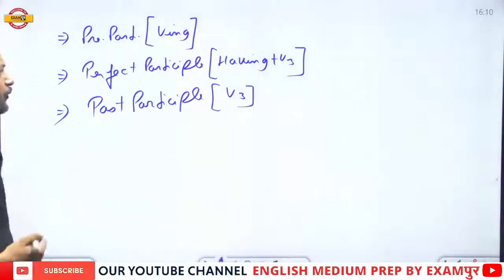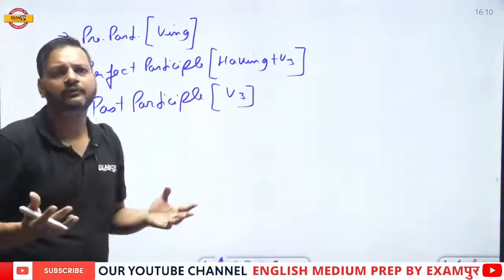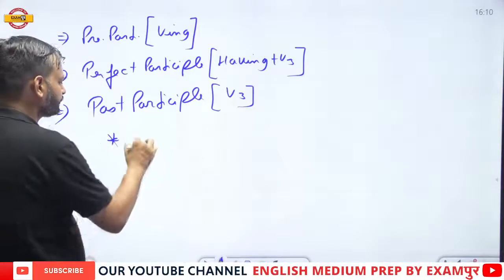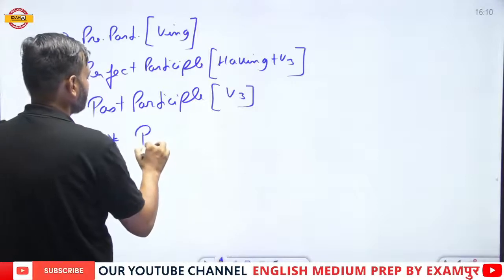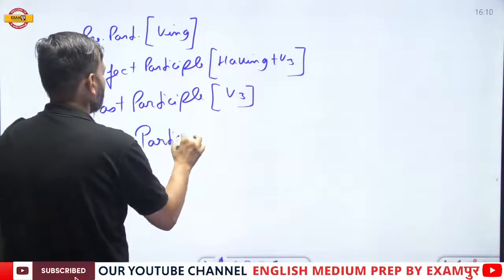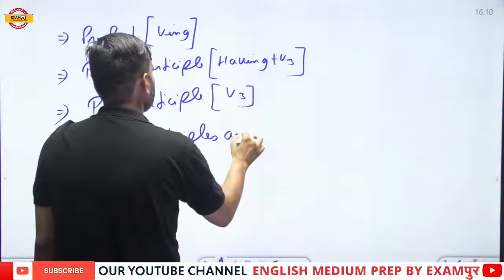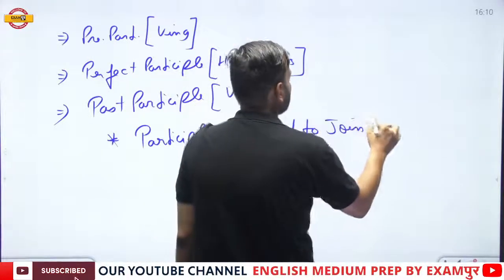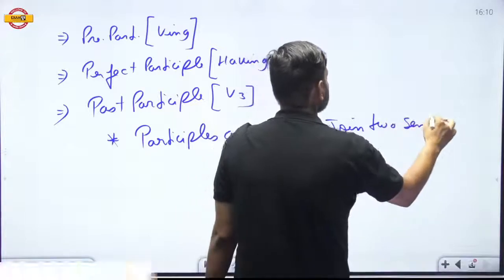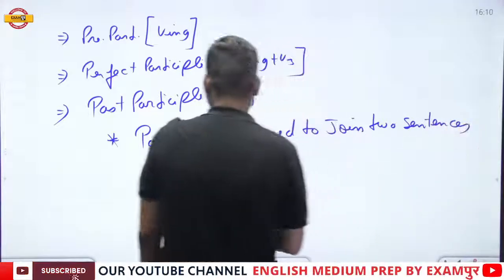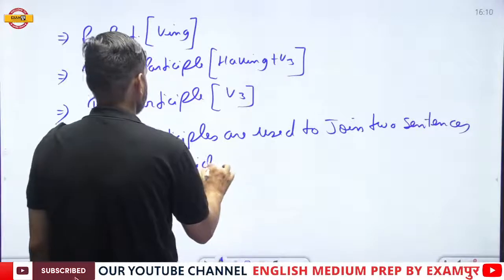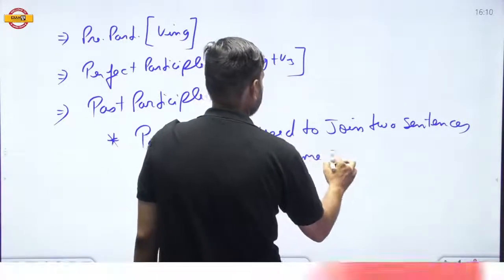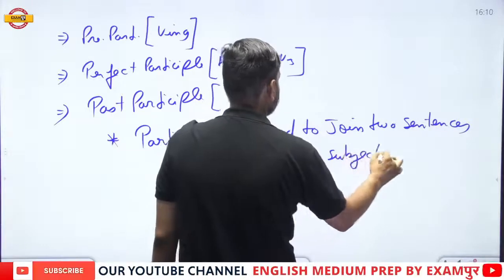Okay, now the usage of participles. So first use: participles are used to join two sentences which have the same subjects.